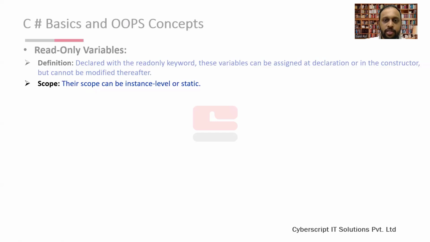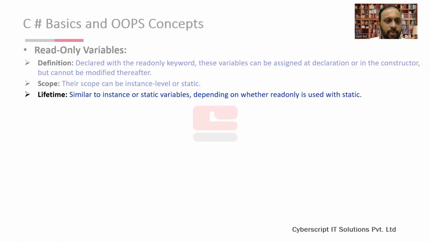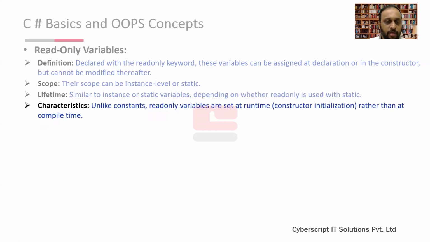If we use the static keyword at the time of declaration, then the scope of the read-only variable would be at static level only. Otherwise, it would be at instance level. Lifetime is similar to instance or static variables, depending on whether readonly is used with static or not. What are the characteristics of read-only variables?